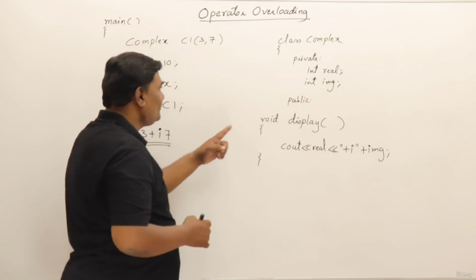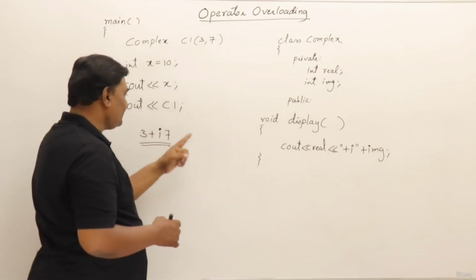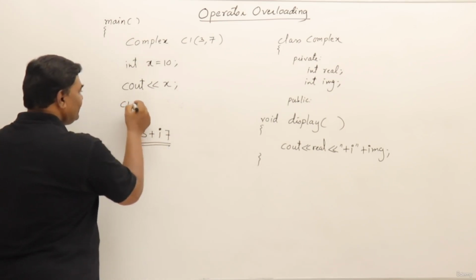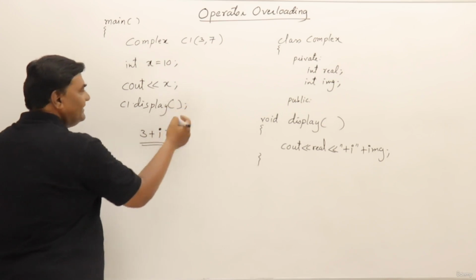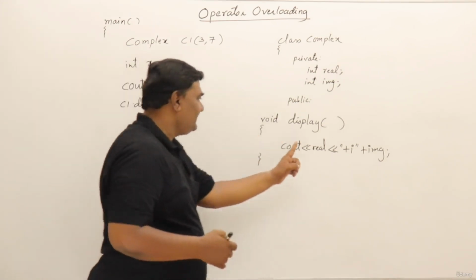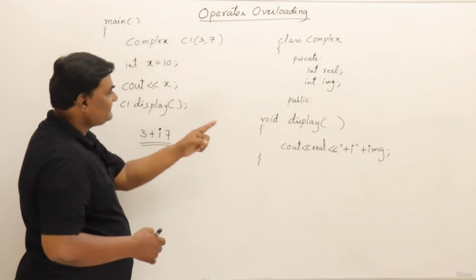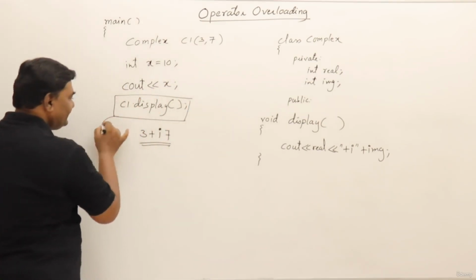If I want to display this c1, the object of complex number, then I should call c1.display. When I call this, it will display the real part, plus i, and the imaginary part. So real is 3 and plus i imaginary is 7, so this function will give the output like this.